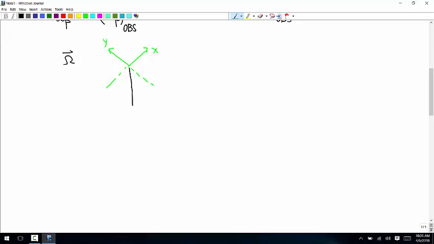So this is our capital omega vector, and it has a magnitude of 5. And these angles are all 45 degrees. So omega is equal to 5 times a unit vector. If you want to go from the positive x-axis to that vector, you can go clockwise, negative 90 plus 45, so negative 135.